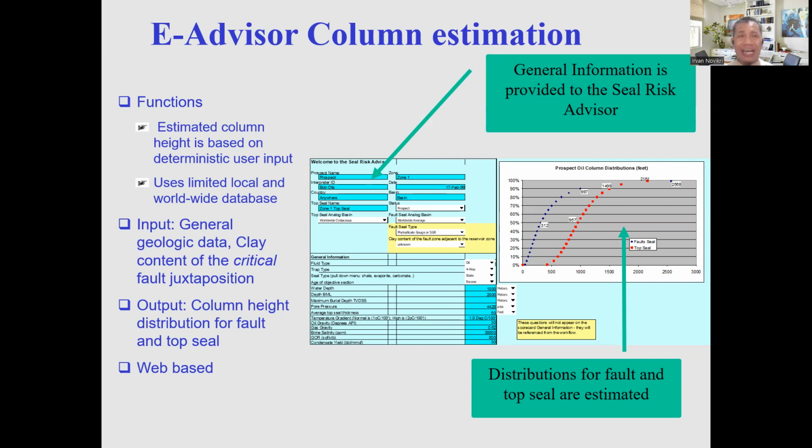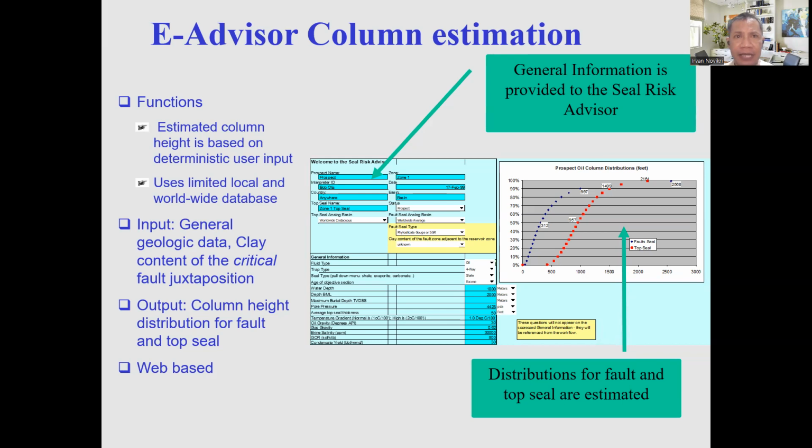A general info sheet with a question sheet, where these questions are used to categorize the prospect input into the database, used by the column height advisor to calculate a fault shale column. And the PVT data is very important for the column height calculation.